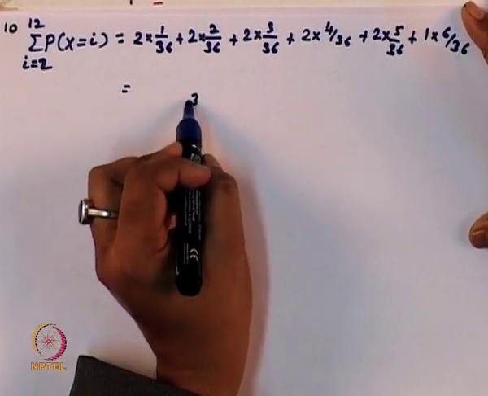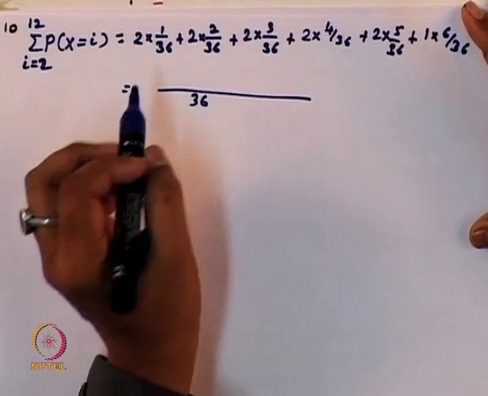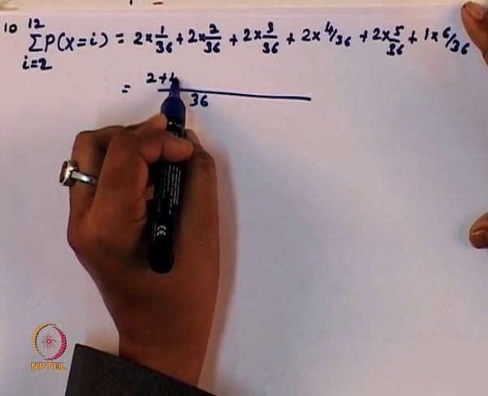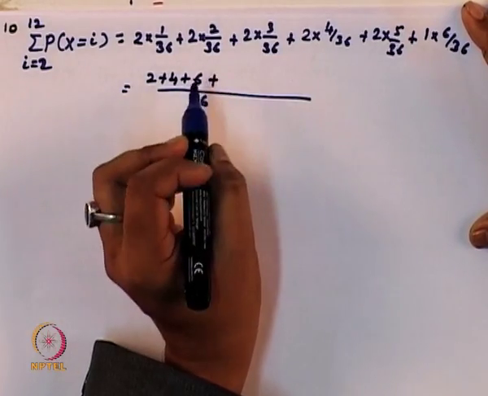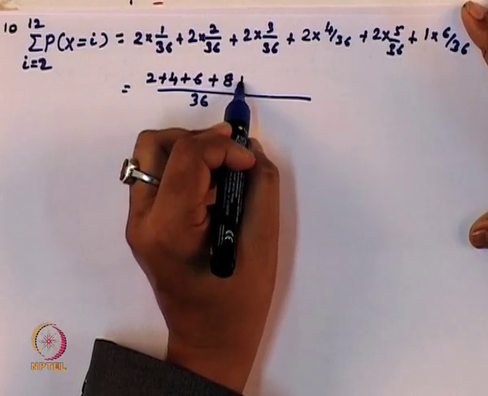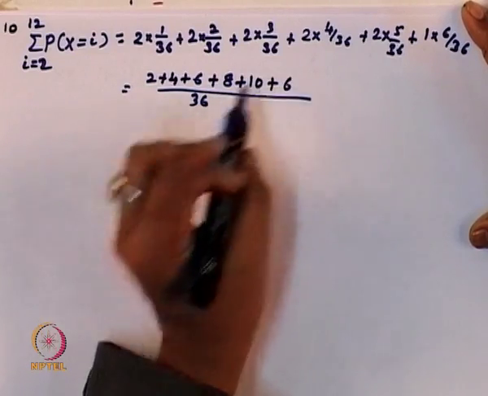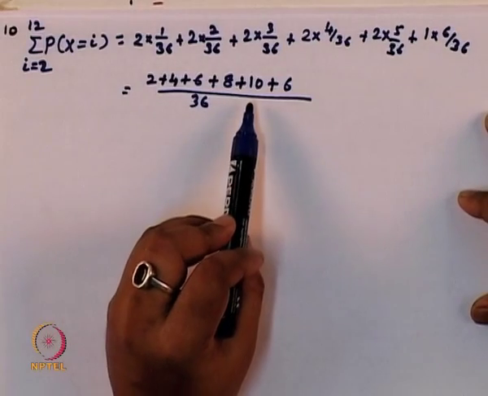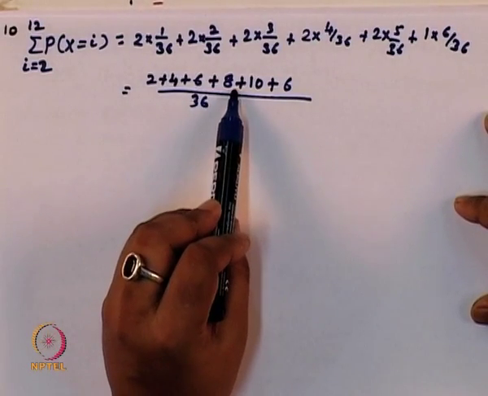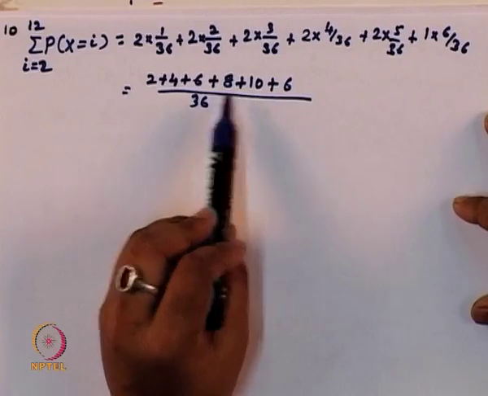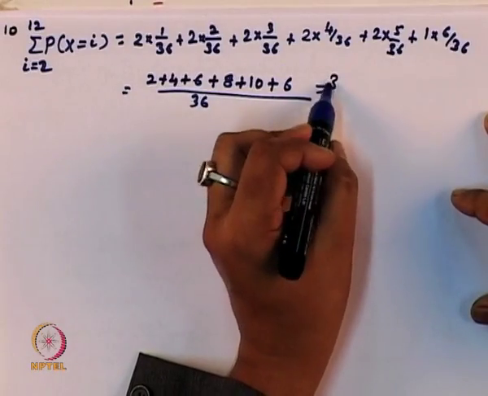If I make the 36 common, I have 2 plus 4 plus 6 plus 8 plus 10 plus 6. So 6 plus 6 is 12, and 8 is 20, 30, 36.